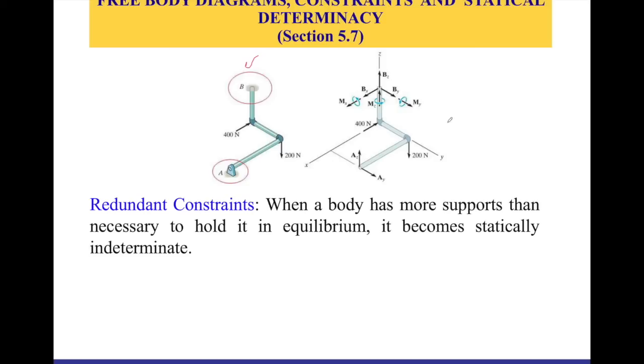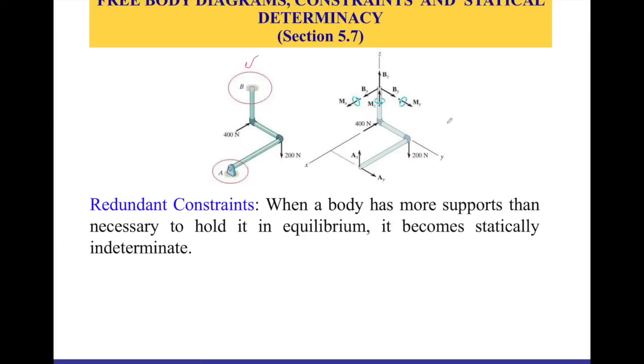Now, we talked about the free body diagram. Now I have to introduce something quick about the constraints and statical determinacy. To ensure the equilibrium of a rigid body, it's not only necessary to satisfy the equations of equilibrium, the 6 that we talked about, but the body must also be properly held or constrained by its supports.